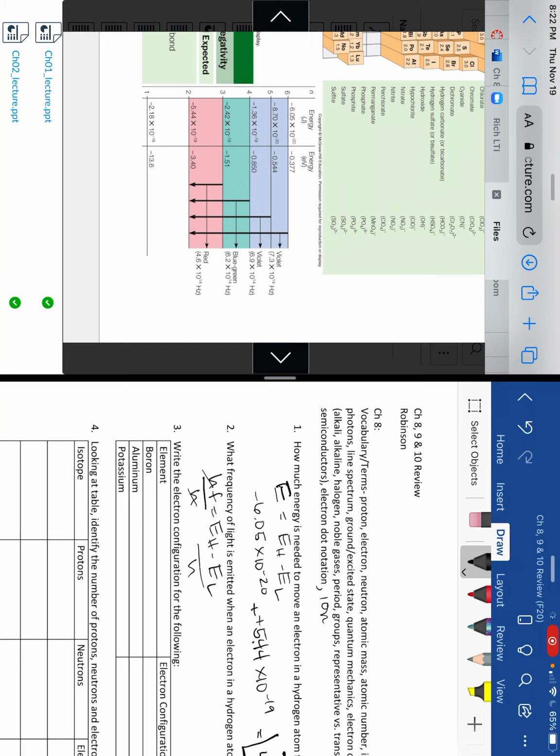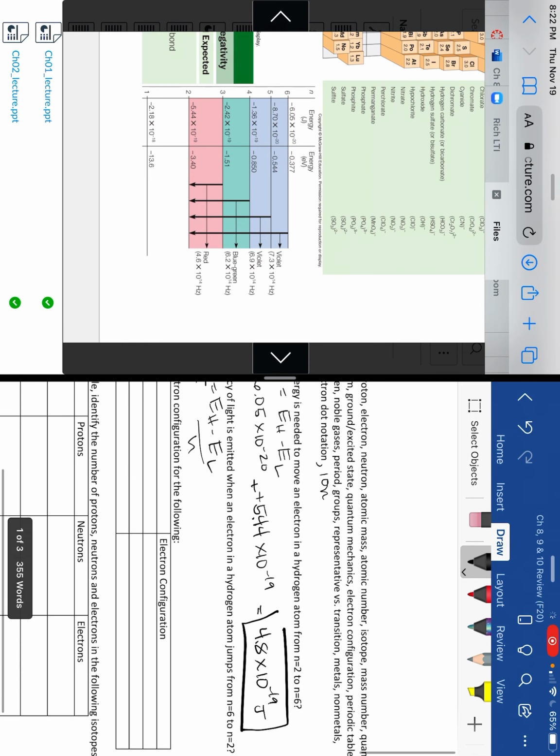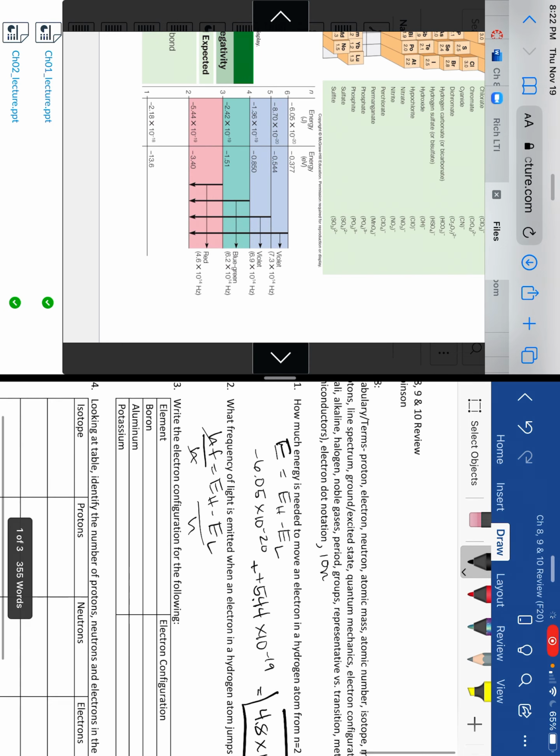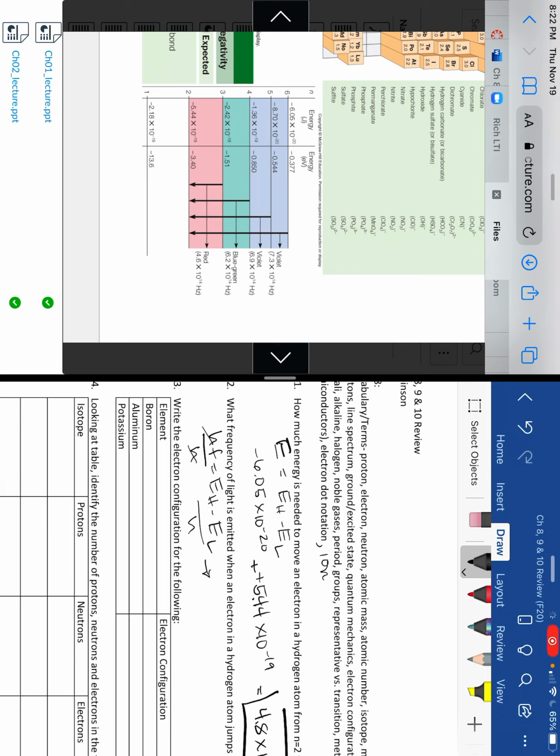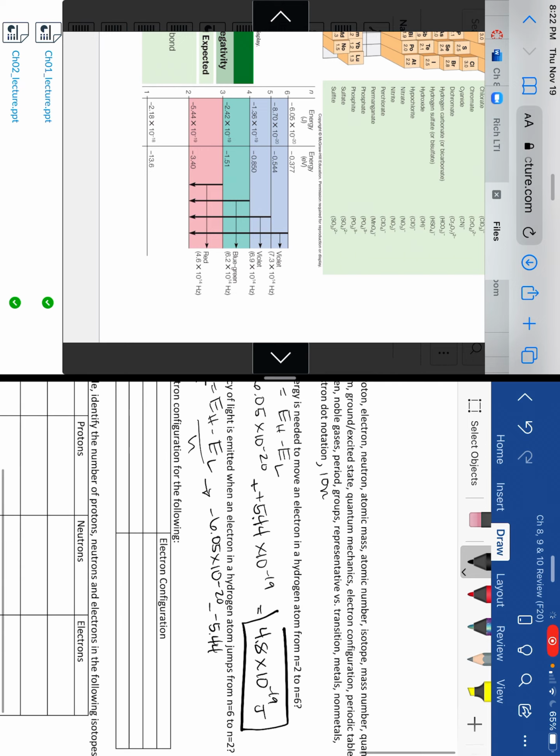You go from the high again, n equals 6 to n equals 2, so you have this again, and then divided by Planck's constant, which is 6.63 times 10 to the negative 34 joules times seconds.